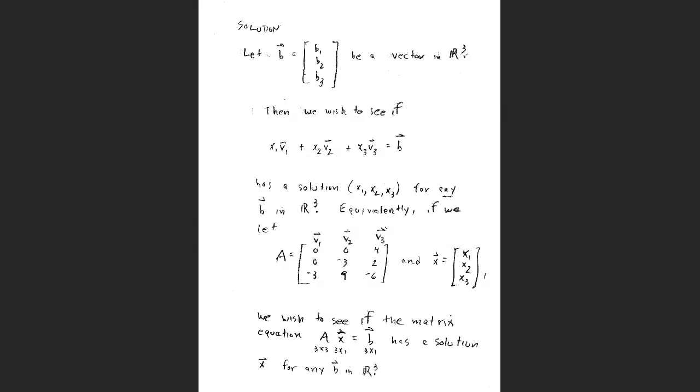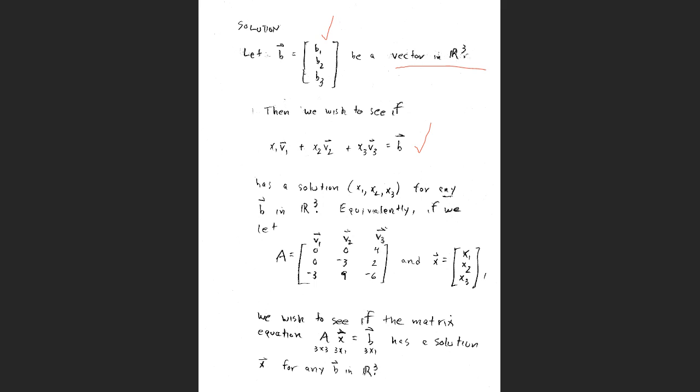So in our solution, we'll let vector B, with components B1, B2, and B3, be just some random vector in R cubed. It could be any vector in R cubed. We wish to see if the vector B can be written as a linear combination of V1, V2, and V3.